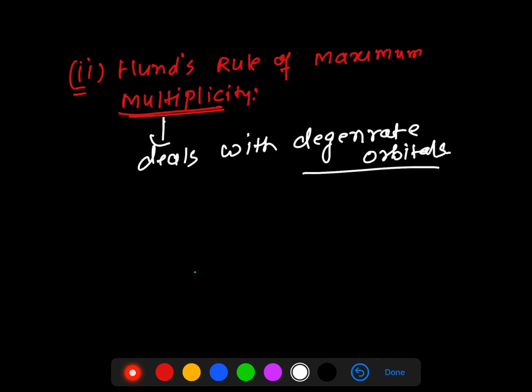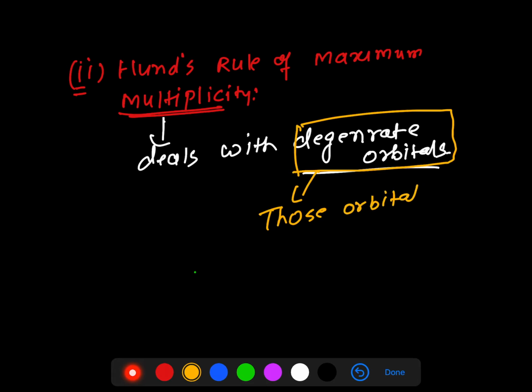Now, what are degenerate orbitals? By definition, degenerate orbitals are those orbitals having the same energy. Those orbitals which have the same energies are called degenerate orbitals.